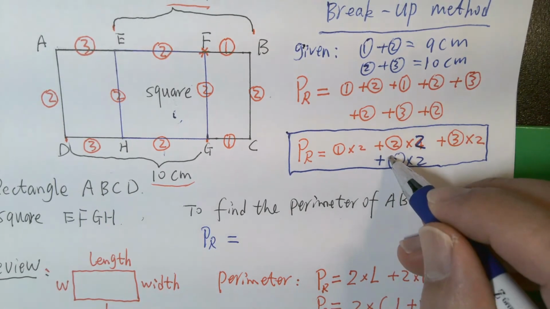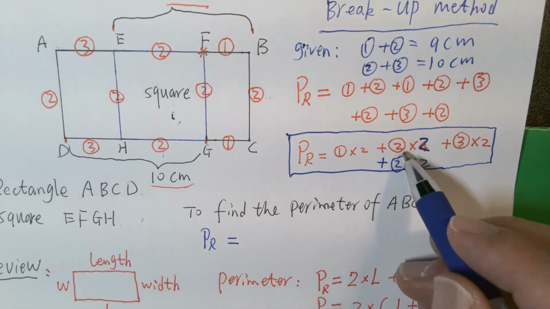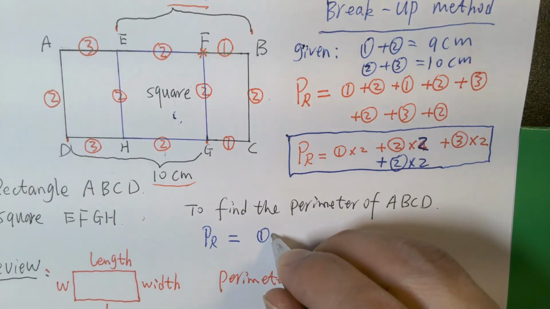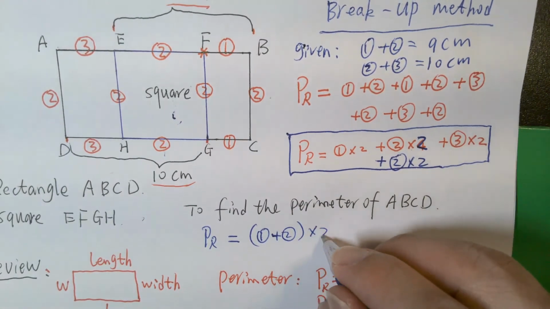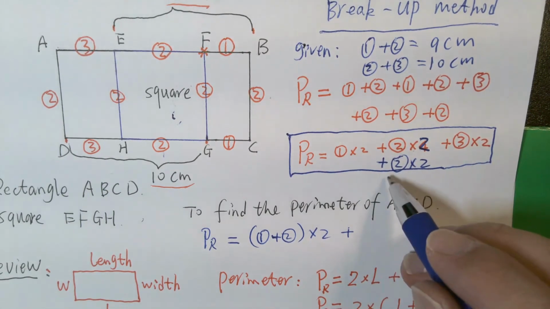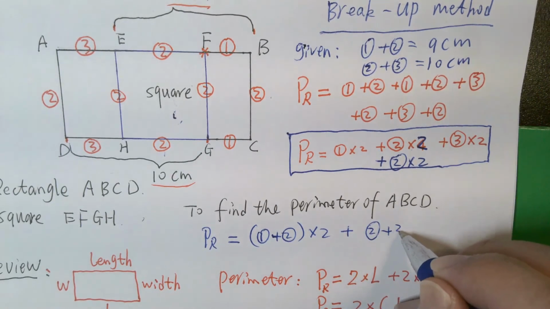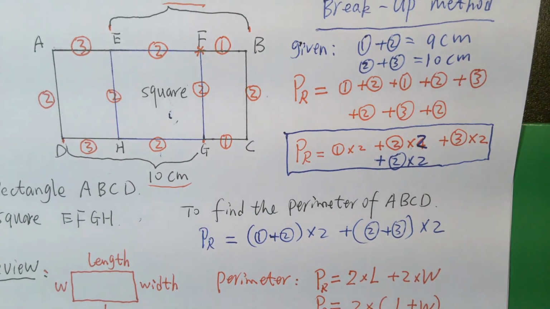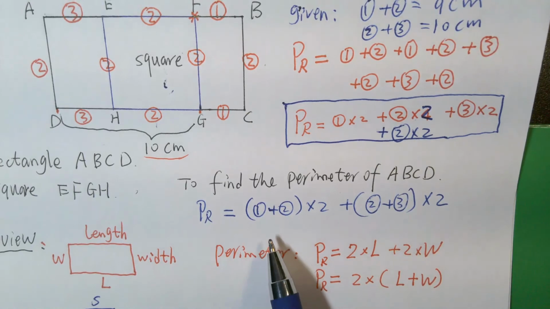So let's combine: 1 times 2 plus 2 times 2. So that's 1 plus 2, let's use a bracket, times 2, plus 3 times 2 plus 2 times 2. So that's 2 plus 3, use a bracket, times 2, right?